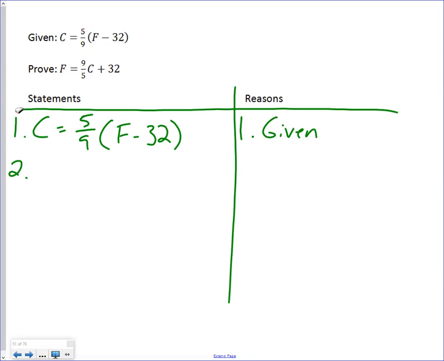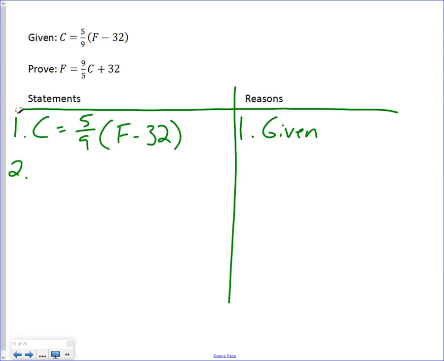So who thinks distributing here is the best choice? Distribute the 5/9 to the F and the -32. All right, that might be what you would do. It is probably not the best choice, right? So once you hear the 4 choices, other ones should stick out to you as better.